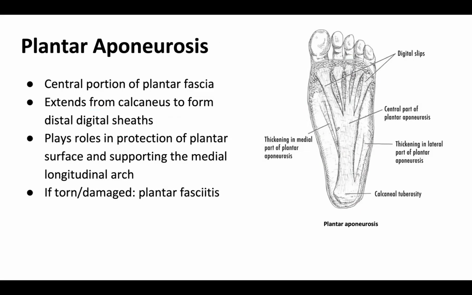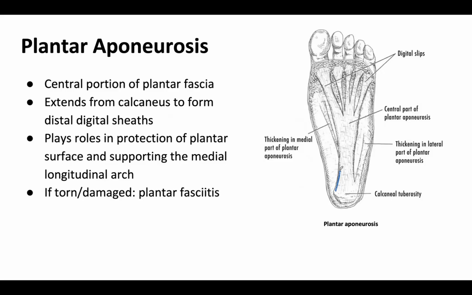Moving to the plantar surface of the foot, where most of the action is happening. But before we talk about these muscles, I want to talk about an important structure that is located superficial to the muscles called the plantar aponeurosis. Really, the plantar aponeurosis is going to be the central portion of the deep fascia covering the plantar surface.